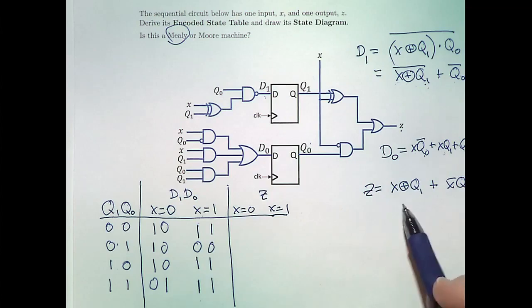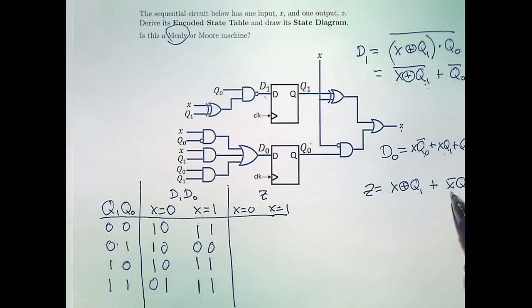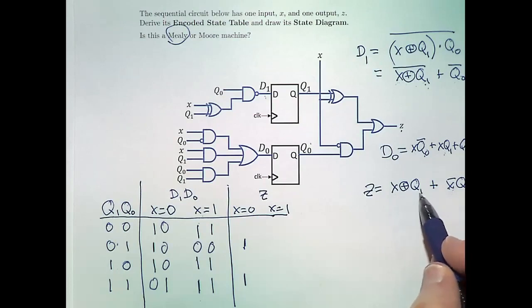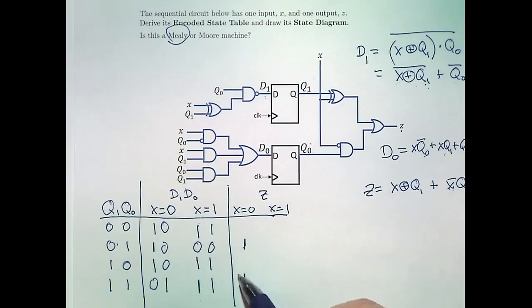Okay, let's do Z. Okay, so where is Z going to be 1? Well, when X is 0, that happens when Q1 is 1. So that's here and here. And then when X is 1, this doesn't help at all. Okay, this term is when X and Q1 disagree. Okay, since X is 0 here, that happens here.